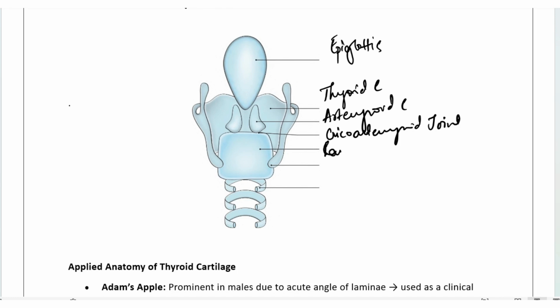This is lamina of cricoid. This is cricothyroid joint, and this is trachea. The more diagrams you draw, the more marks it fetches.